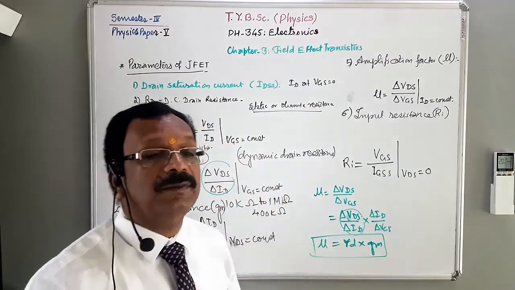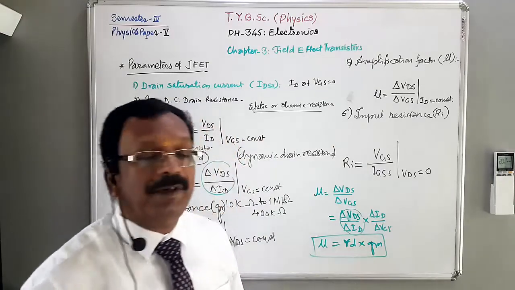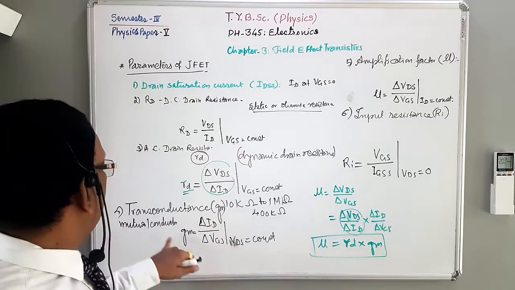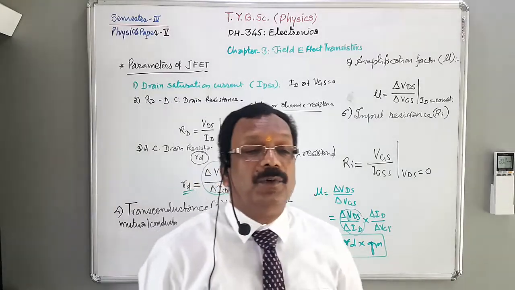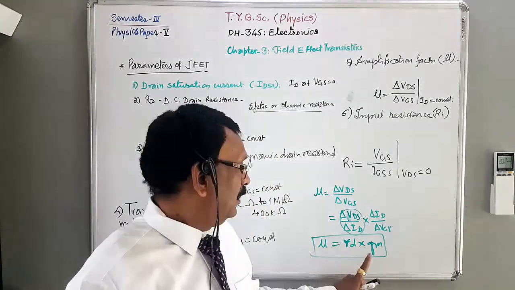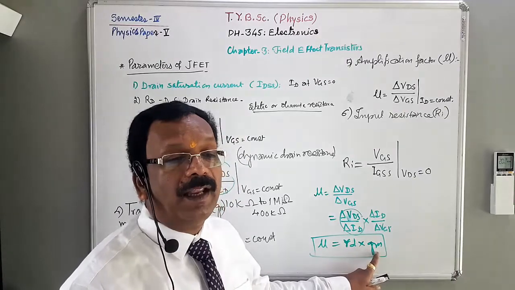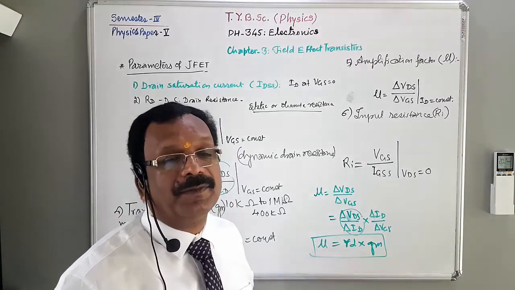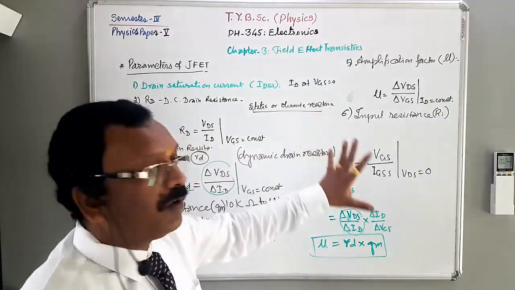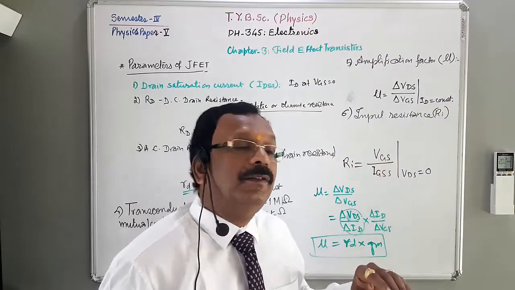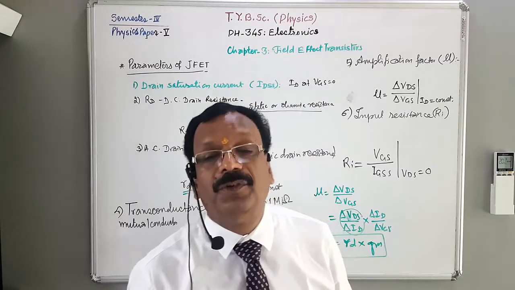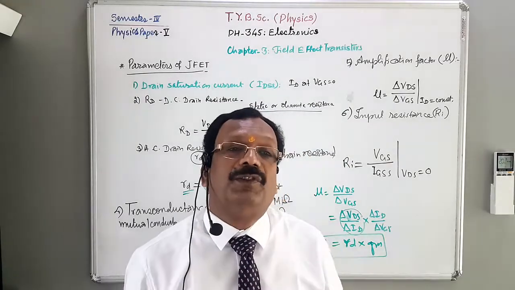This is the relation among these two parameters, that is AC drain resistance and transconductance. Therefore, the amplification factor mu may be expressed as the product of transconductance gm and dynamic resistance RD. Okay. In this way, we studied all these important parameters. You have to memorize them again and again, because these parameters are very important from an exam point of view as well as in order to solve the problems.